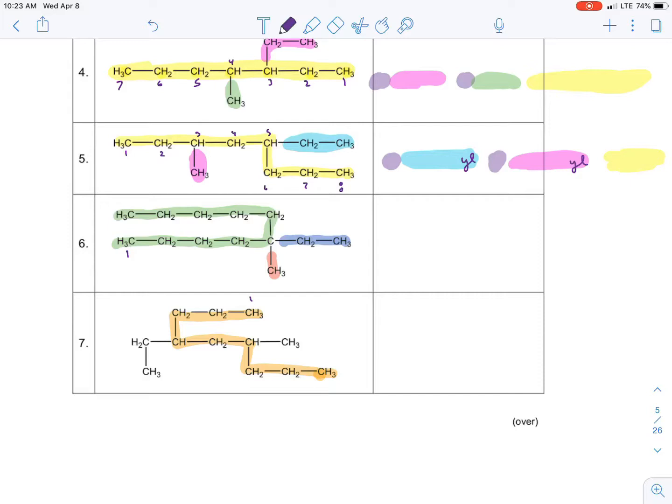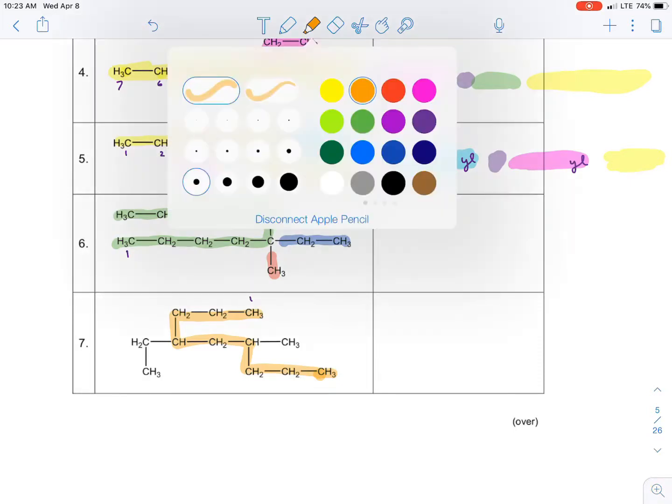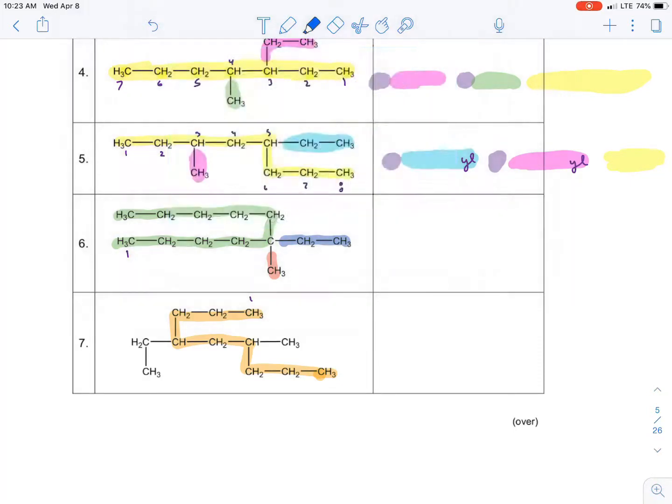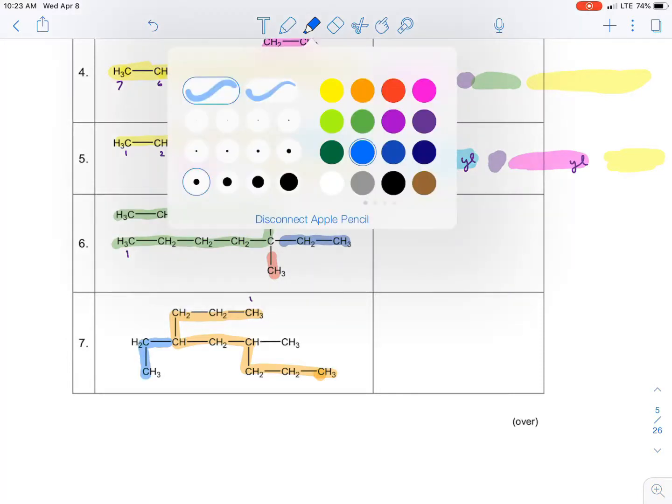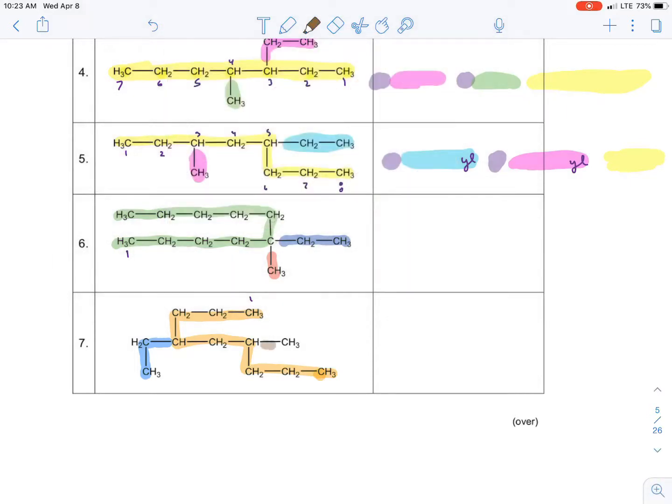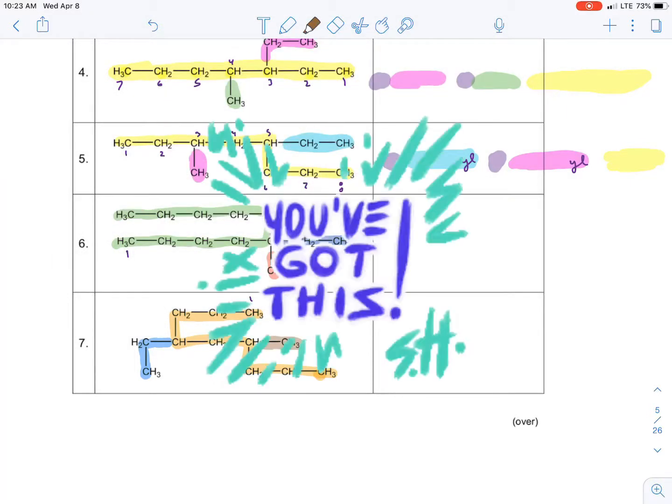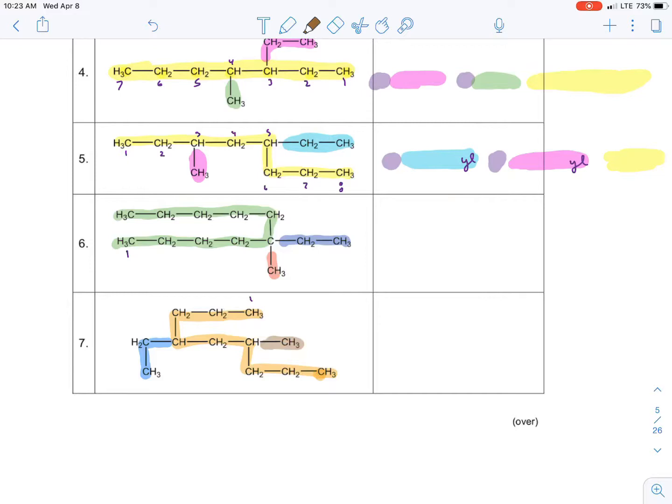And the only reason is because alphabetically, this is an ethyl. And, ooh, brown. And this is a methyl. So that's going to be carbon 1 there. All right. Did I number them?